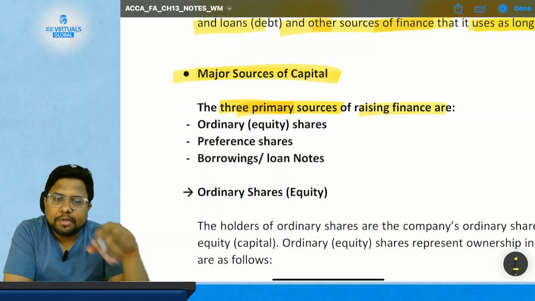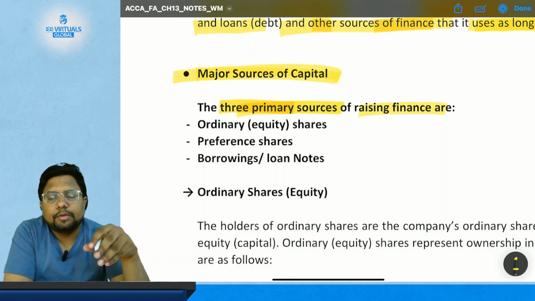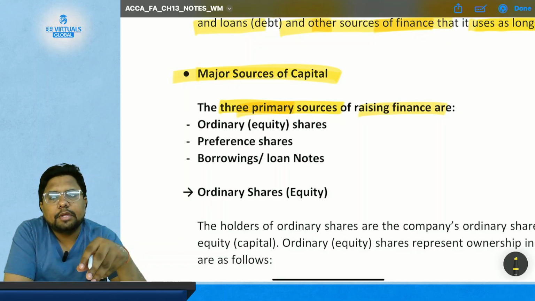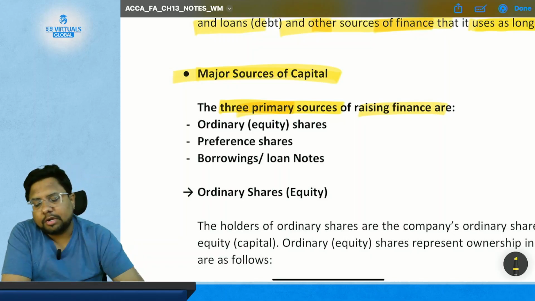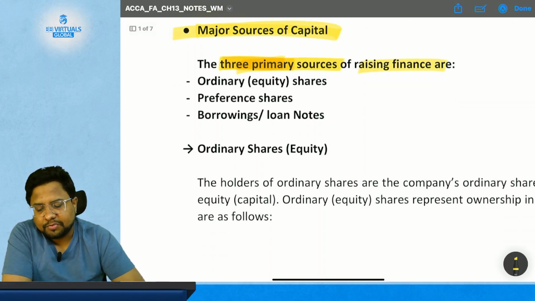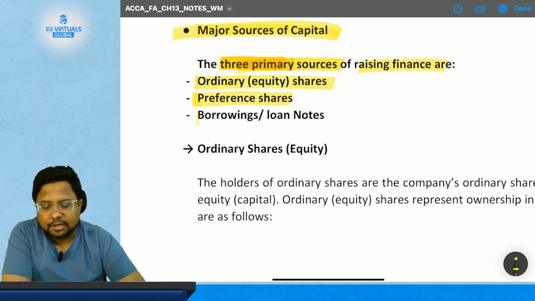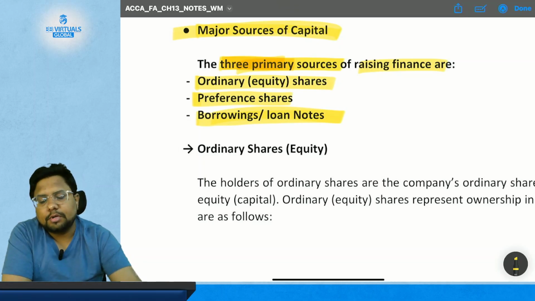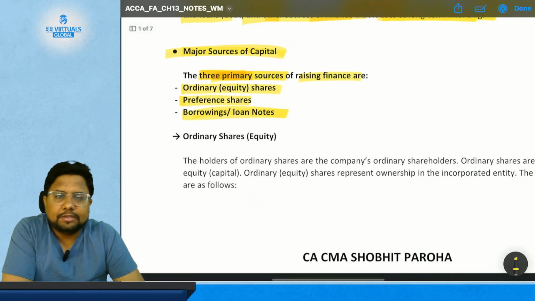What we are studying here is only about the limited liability company, not the sole trader or the partnership firm. First is ordinary equity share, second is preference share, and the third is borrowing or loan notes.